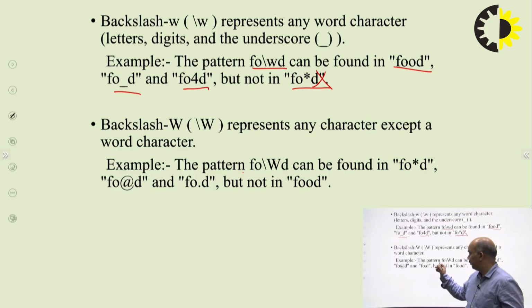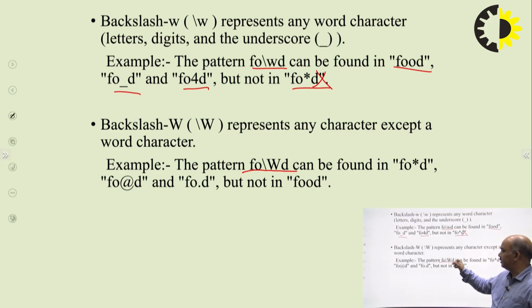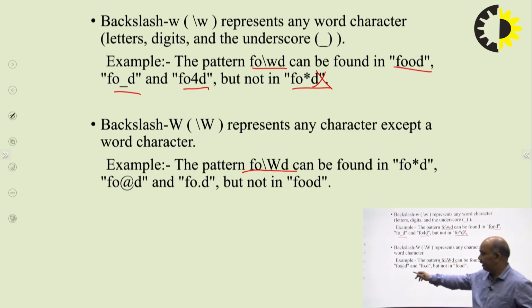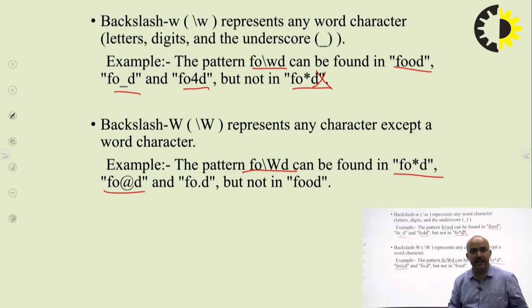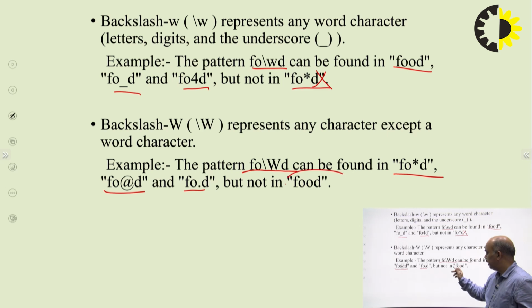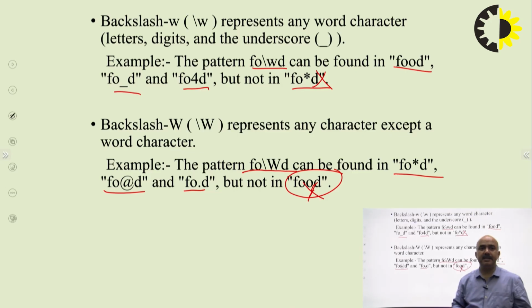So in this example, f\Wd: we can say that fo@d is acceptable here, fo*d is acceptable, fo.d is acceptable. But a word character is not allowed, so this is not acceptable, and the pattern will not be matched in this case.